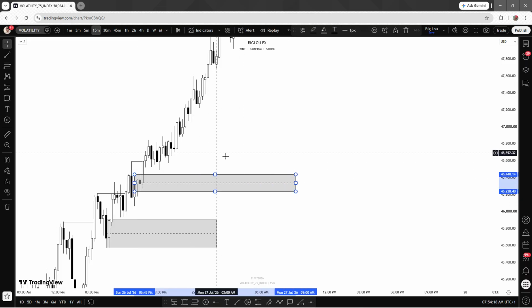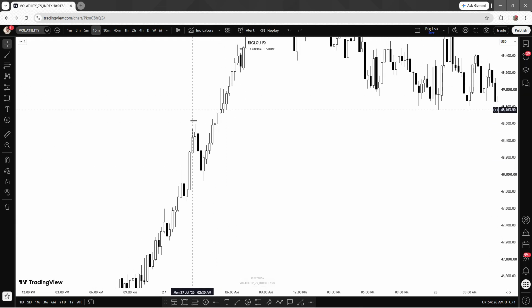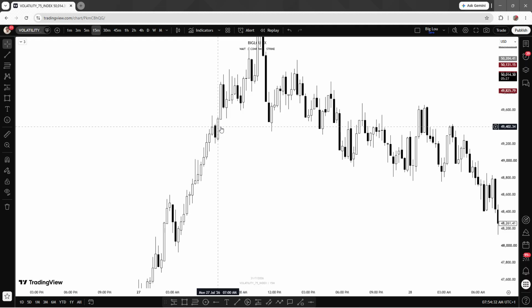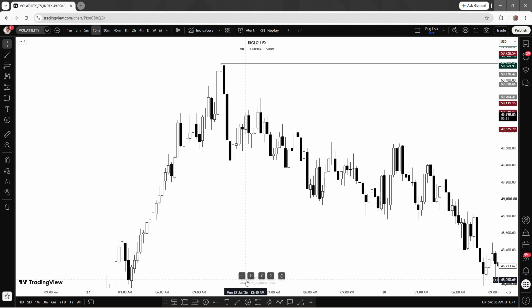What did price do? Price ignored it. So here there was no mitigation. Blasted through, this zone was ignored. Blasted through. I think the last one it did held a little bit.